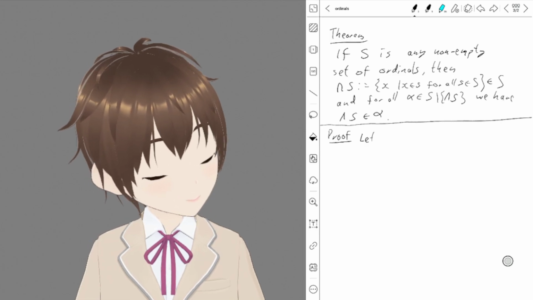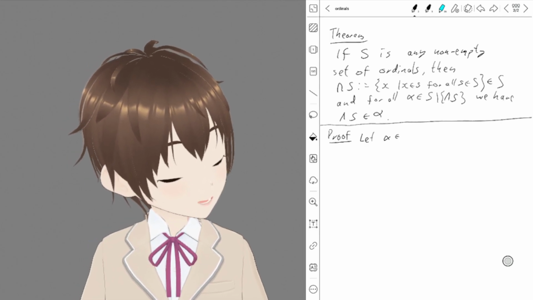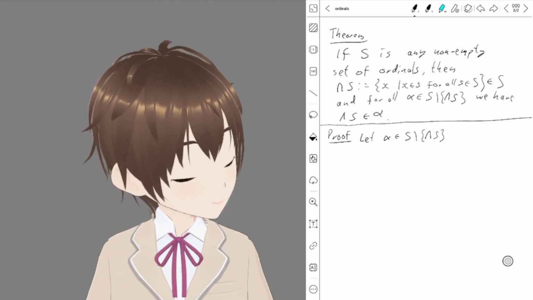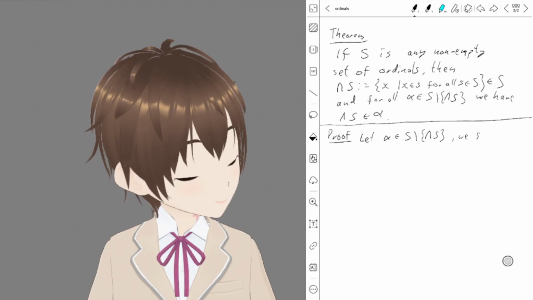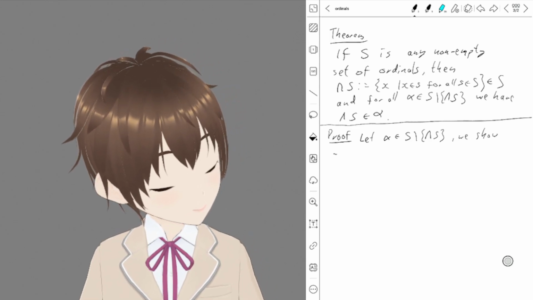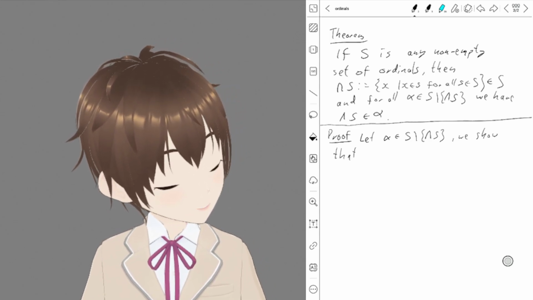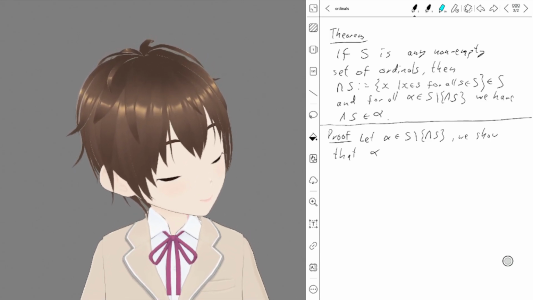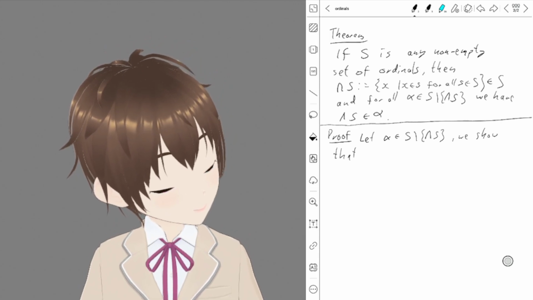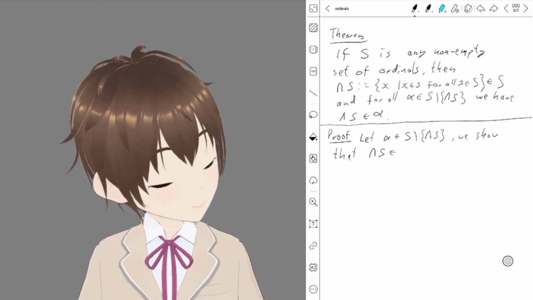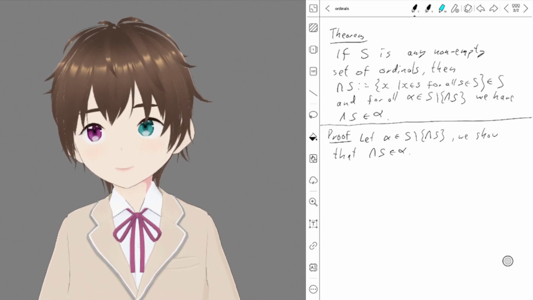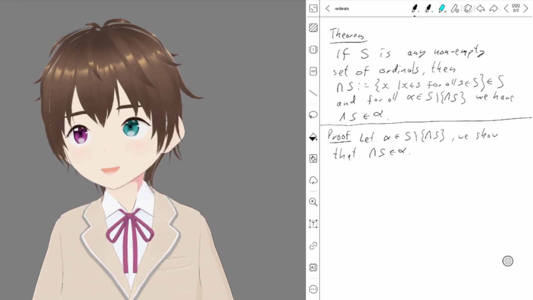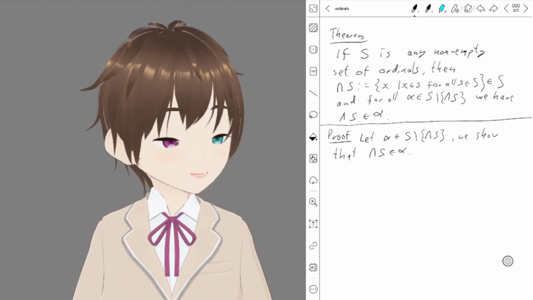So let alpha be an element of S other than the intersection of the things in S. And we show that alpha is indeed, so the intersection is an element of alpha. If I do this, I'll have it's less than all the things in S, which is part of the statement, and it'll actually give me the rest of the statements once I fill it out a bit.